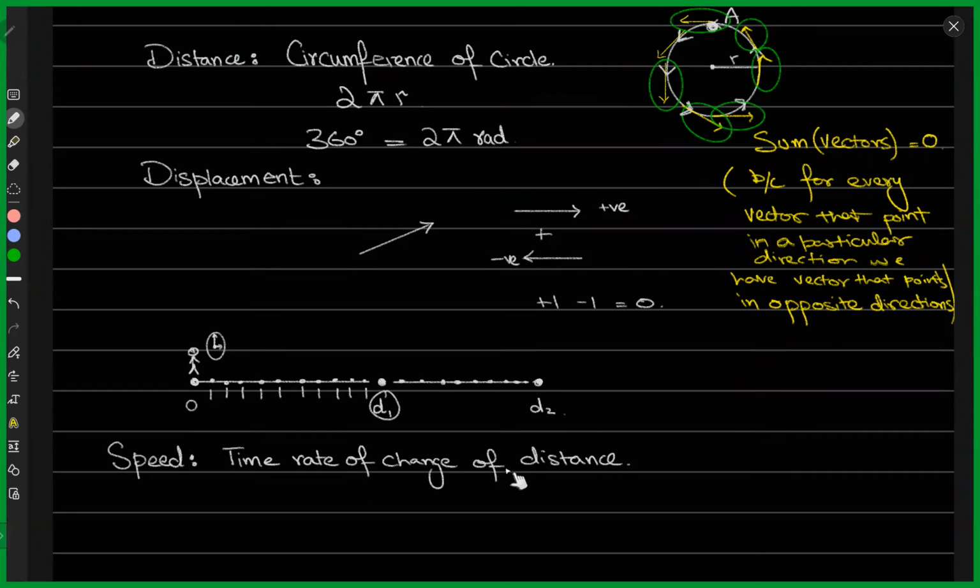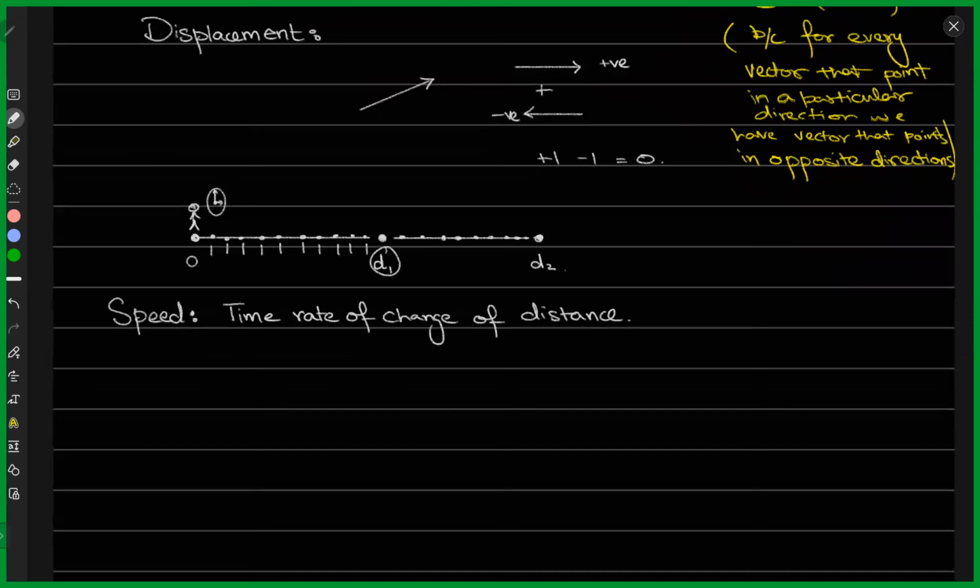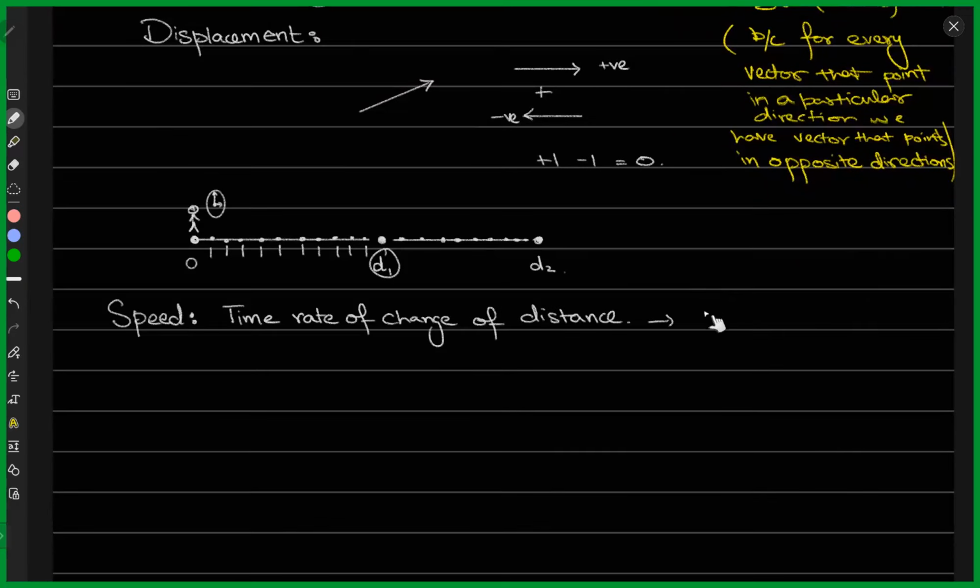This is writing it in English, but in physics, unless you can write something mathematically, you cannot say that it's true. So you should always back up your statements using some mathematics, and the mathematical translation is an expression for speed, which is distance covered or distance traveled divided by time taken, which just means, physically, how much of the distance am I covering in a particular amount of time.